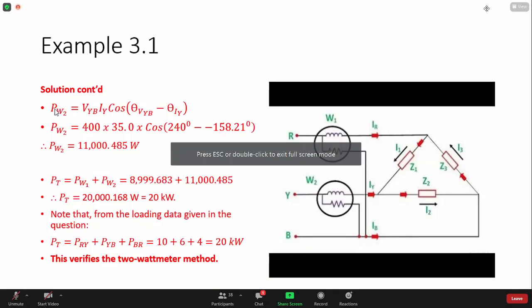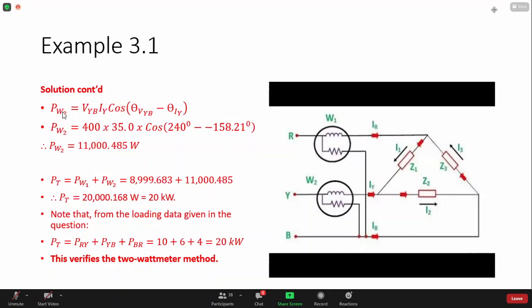All right, and then we work out, substituting the data that we know. VYB is at 240 and IY is at minus 158.21. Minus and minus will give you a plus here. So you find the cosine of that sum here, and then you work it.